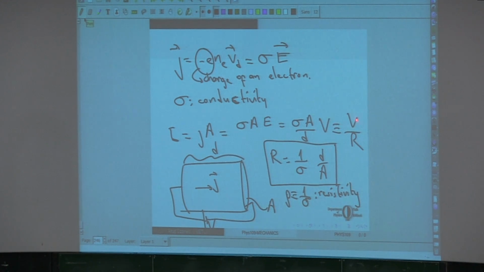So this is the change in the potential divided by the distance over which I have that change. Again, this rho, the resistivity, is a property of the material itself.